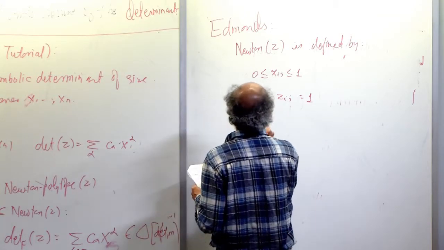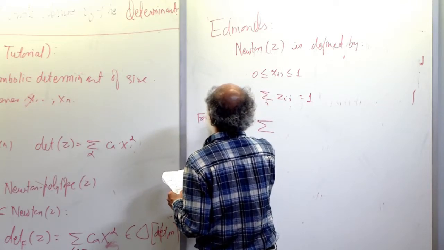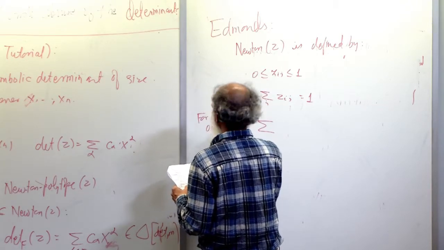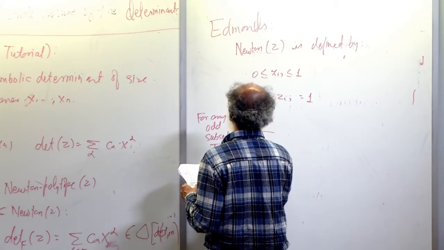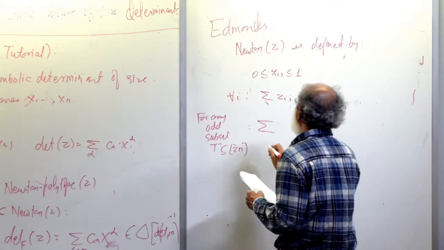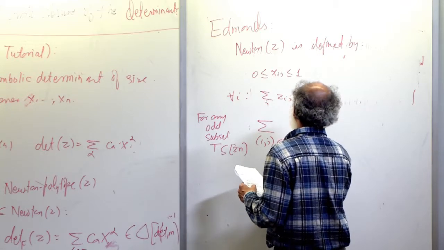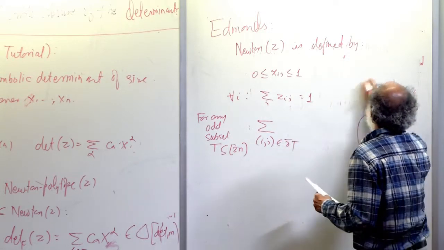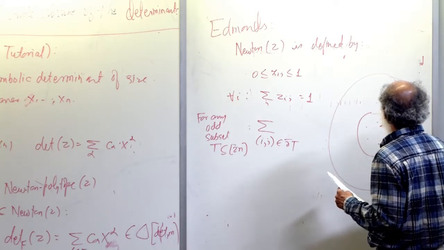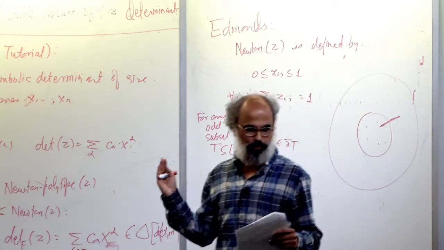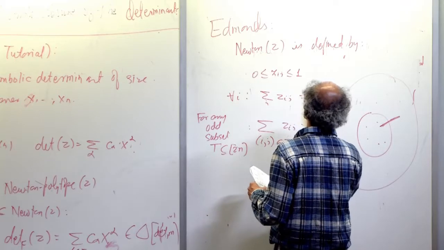But what is not obvious is the third constraint: for any odd subset T of the 2n nodes, if you take all edges which belong to the coboundary of T, then some edge in the matching has to come out. So the sum of Zij over that coboundary is greater than or equal to 1.